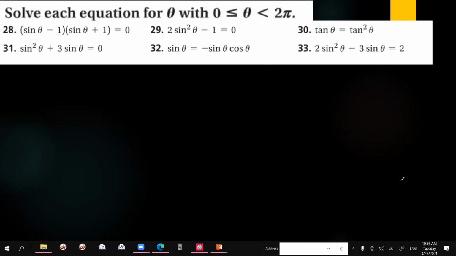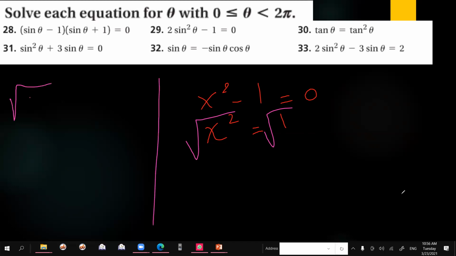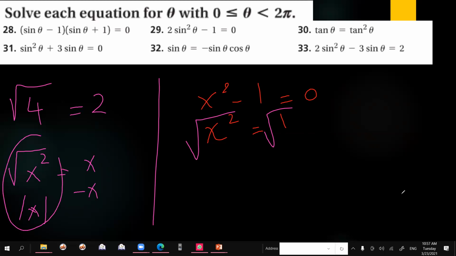And all of us know if you have x squared minus 1 equals 0, and you say that x squared is 1, to solve it you have to apply the inverse of the square, which is the square root. Now you have to know that the square root of 4 is 2, but the square root of x squared could be x or negative x. It's like the absolute value of x. They are the same.